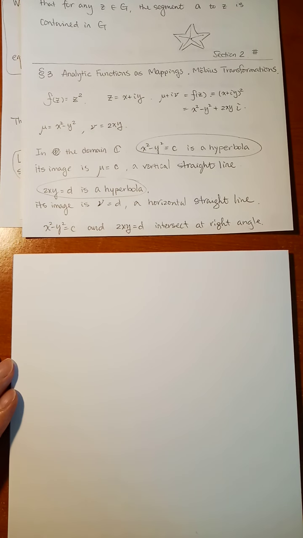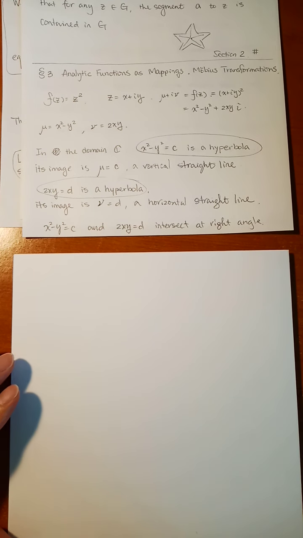And we are going to show that this is not a special example. It's actually a general fact. The analytic function will preserve the angle. All right? The analytic function will preserve the angle.